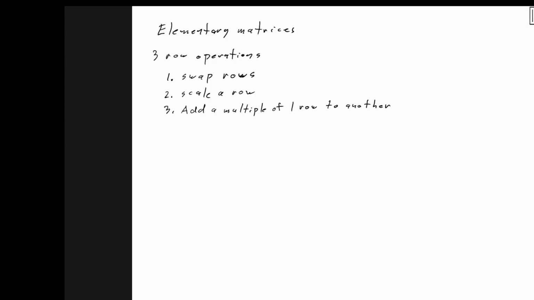Well, all of these row operations can be done through elementary matrices.